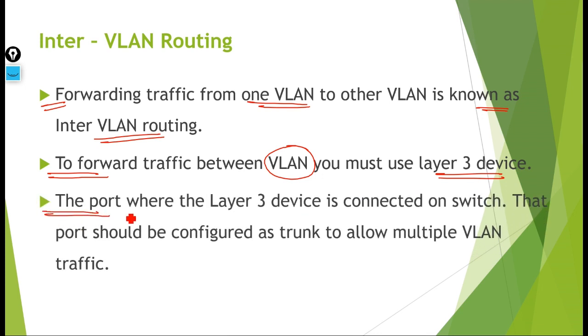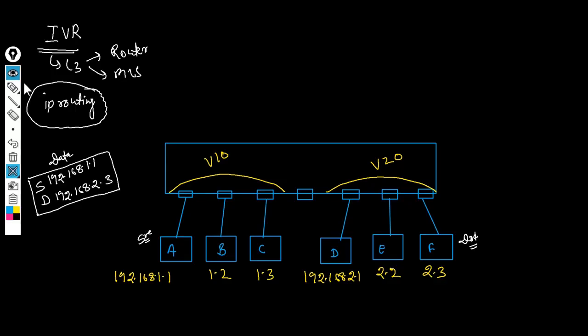Read this: the port where the layer 3 device is connected on the switch should be configured as a trunk port to allow multiple VLAN traffic. Wherever you connect the layer 3 device on your switch port, that port must be configured as a trunk so that it carries the traffic of your VLAN 10 and VLAN 20 in this scenario.